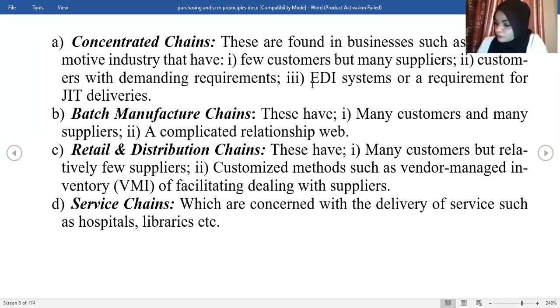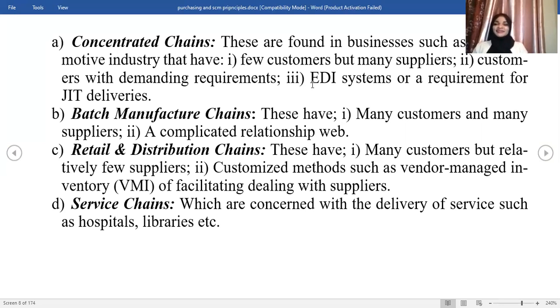For example, ukitembea mahali kama sokoni, asubuhi unapoenda kununua vitu kama vegetables, ukienda market in the morning, you see we have very many customers, and at the same time, we have very many suppliers supplying a particular item. And this is also common in the M-Pesa industry, where we have many M-Pesas.